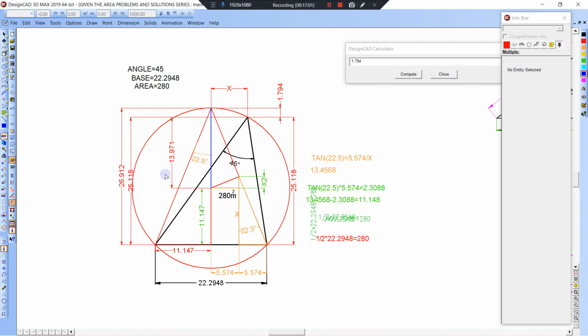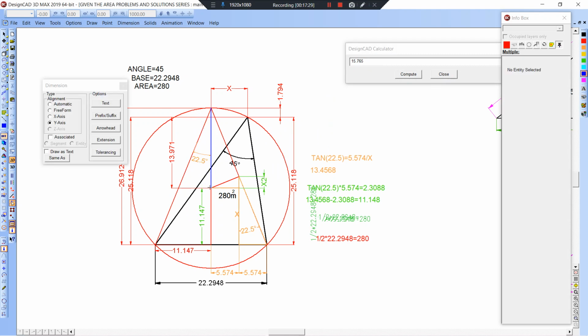So we have 26.912 minus 11.147 and then we hit the compute there, we'll get 15.765. Right here we get 15.765.